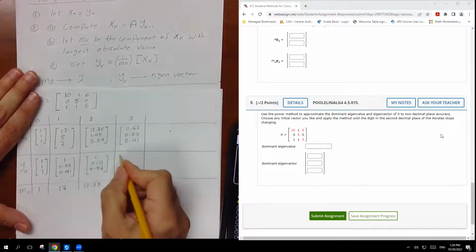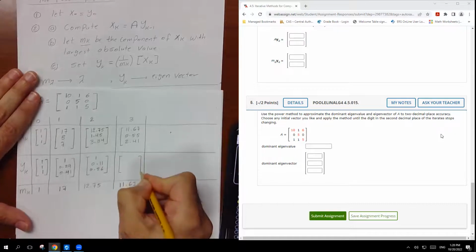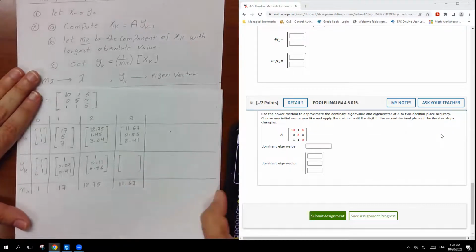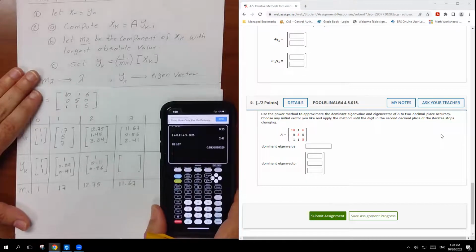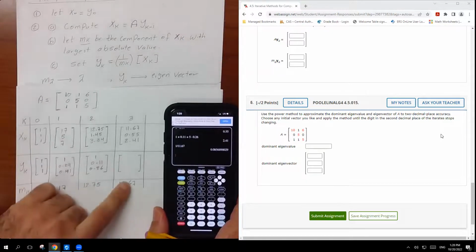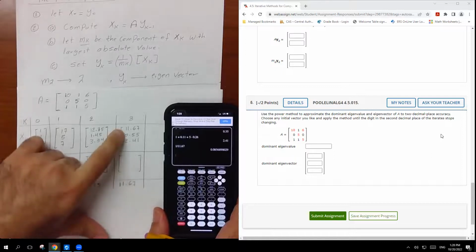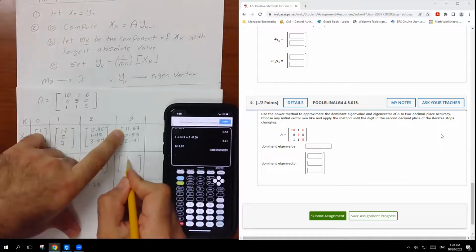Now let's find yk, which is going to be 1 divided by 11.67, which is 0.08. Now multiply this one by this number. The first one is going to be 1.